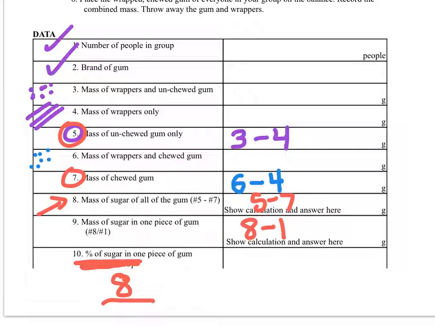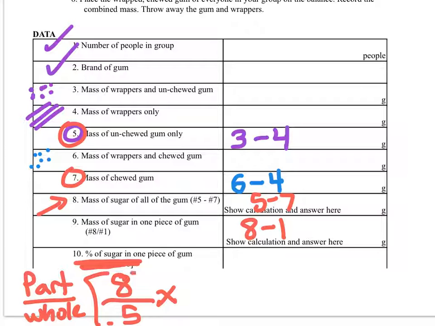You will divide it by not number 7, but number 5, because 5 is the measurement that has sugar and the gum. Okay, so we want part over whole. All right, don't forget that. So the little typo there, part over whole. So whatever we get here from calculation 8 divided by 5, we multiply that by 100, and we will get a percentage.